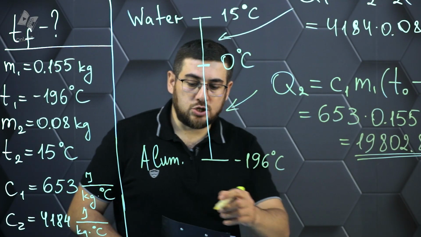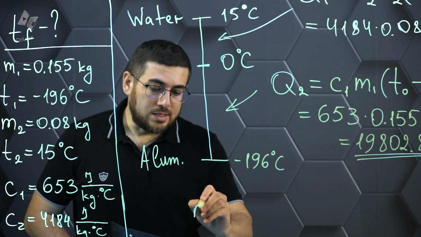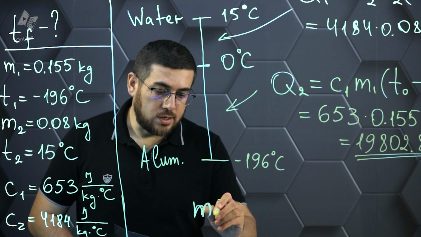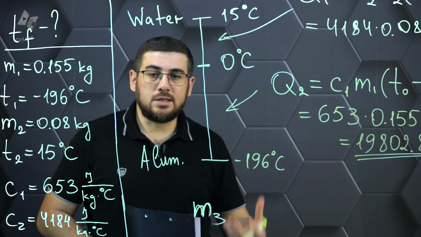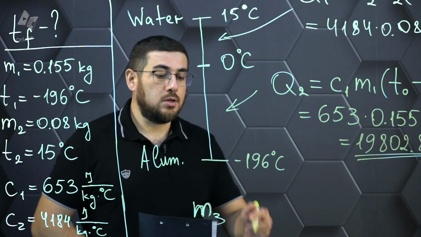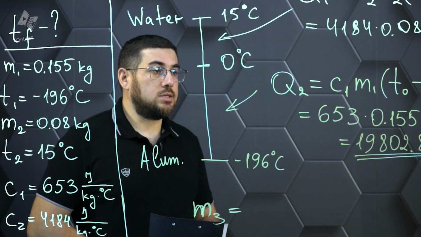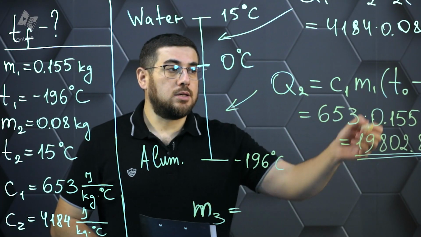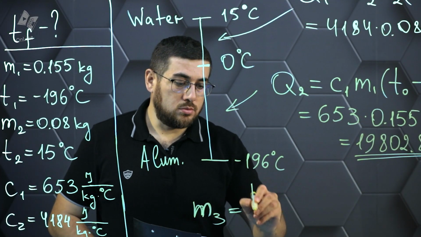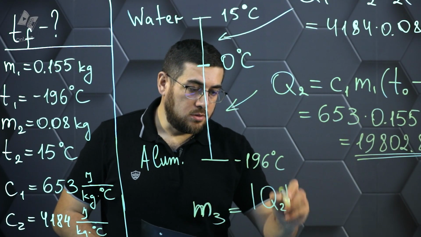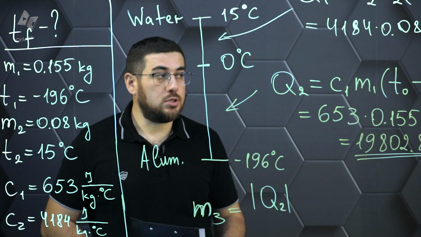To begin with, we can simply calculate the mass, which we'll denote as M3, that is, how much water needs to freeze in order to generate the required amount of energy. And how much energy needs to be generated? In this case, it's the difference between how much energy the aluminium needs to receive and how much it actually received from the water.